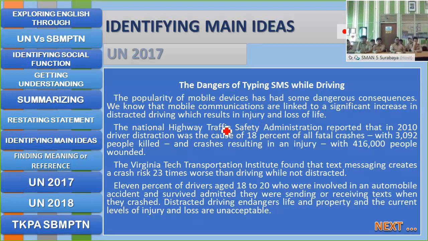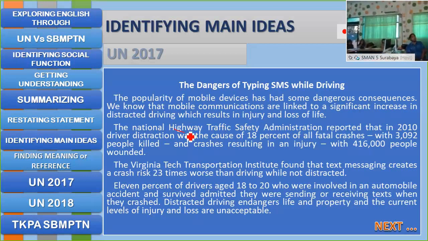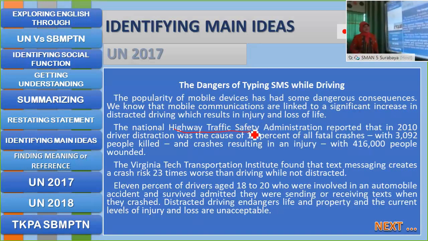This is the data from National Highway Traffic Safety Administration reported that in that year, driver distraction was the cause of 18% of all fatal crashes, with 3,092 people killed, and crashes resulting in an injury with 416,000 wounded. That is the fact, because that is the real danger of typing while driving.